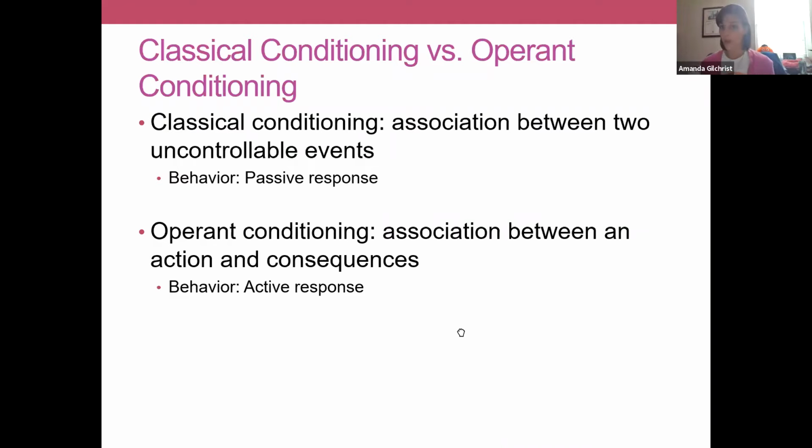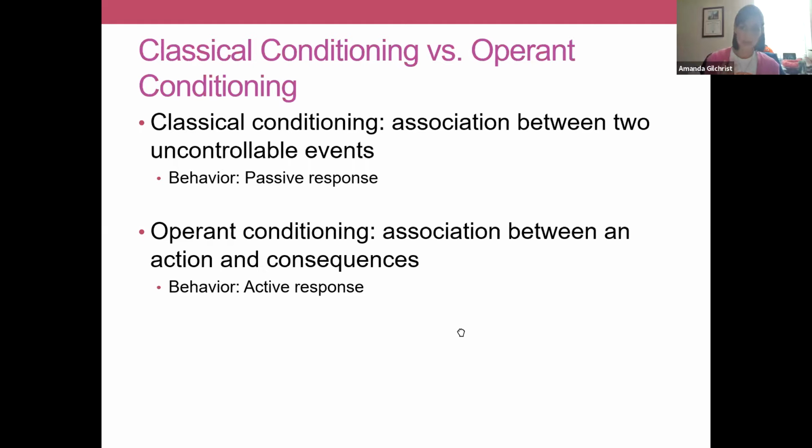You cannot control the presence of lightning or thunder, but you are going to begin to develop the association that the presence of lightning will predict that thunder will soon arrive, and you at that point will begin to engage in behaviors that anticipate that loud burst of thunder, such as bracing yourself. Your behavior is largely going to be a passive response. The learning is very passive. You do not control either of these events.